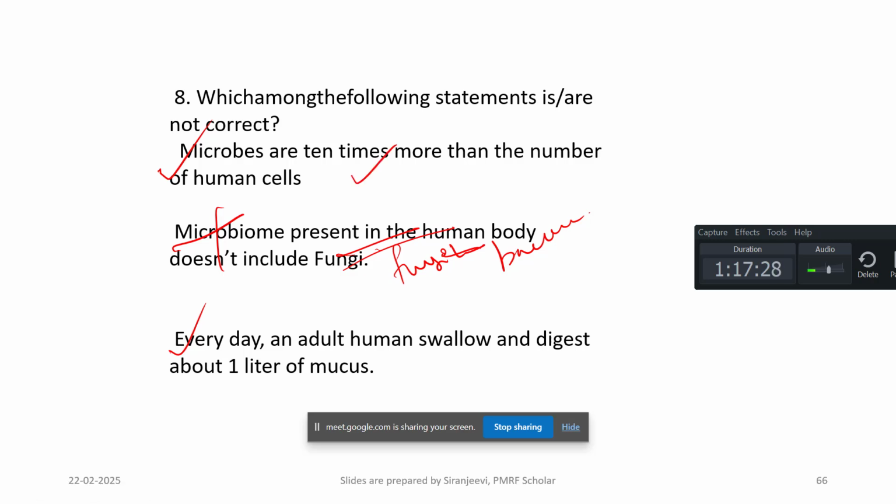So the first two statements are wrong because they have given innate immunity as 450, it should be 700, and this should be 450. Then finally, innate immune genes evolve slowly while pathogens evolve rapidly. So this is a correct statement, but the question asked about wrong statements. So option A and option B are the correct options for this question.